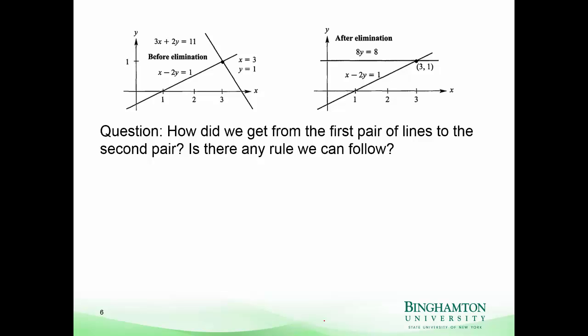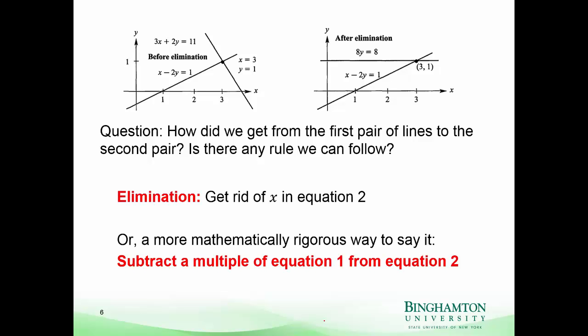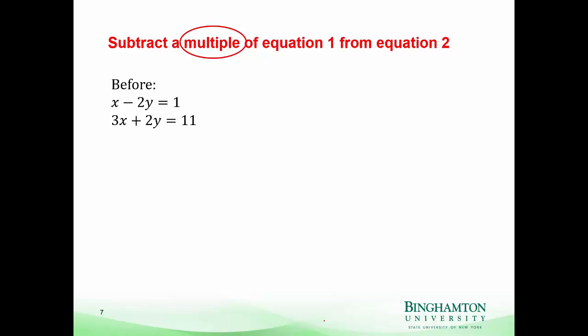So the elimination part we saw gets rid of x in equation 2. And what we did really was to subtract a multiple of equation 1 from equation 2 to get a new equation that has x eliminated. So here's what we're going to do. Subtract a multiple of equation 1 from equation 2.